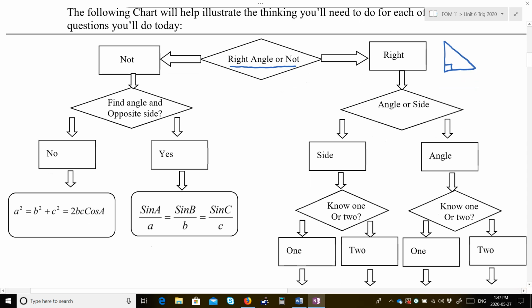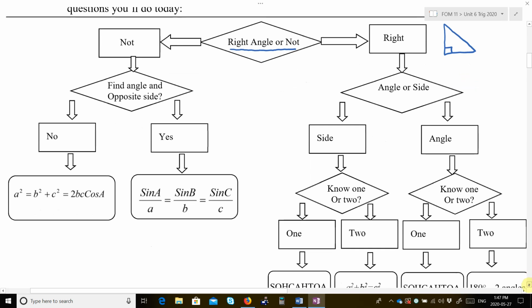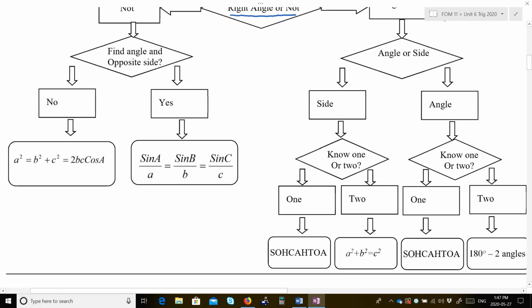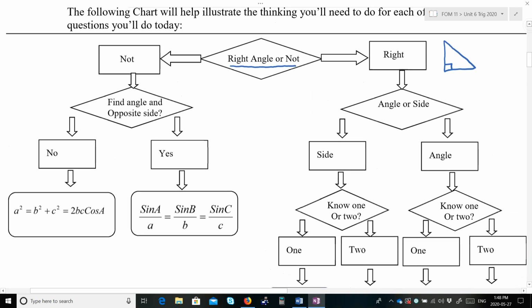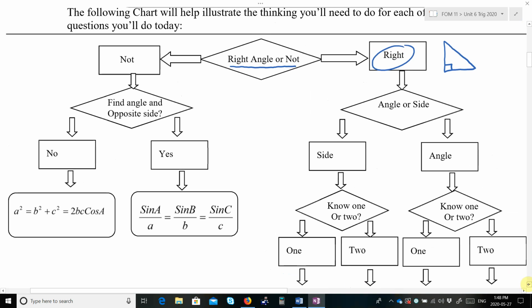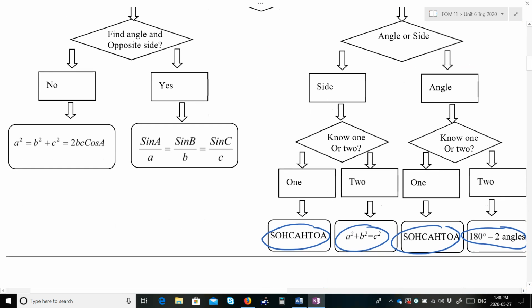As you can see, with right triangles, it always ends up either being SOHCAHTOA or Pythagoras. And if you know two of the three angles, you can always use angle sum of triangle. That's a key point there. So for right triangles, it's always going to be SOHCAHTOA or Pythagoras.